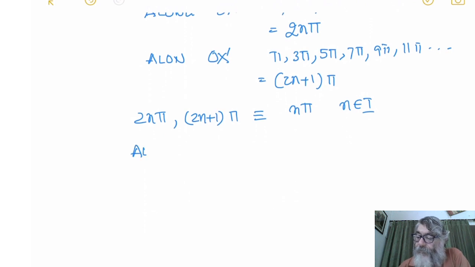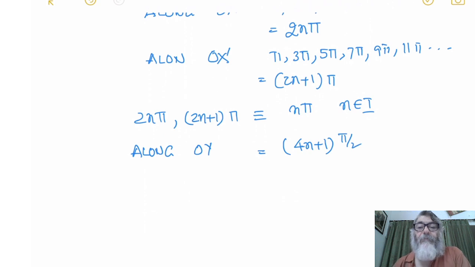Along OY, we had told you we will get 4n plus 1 pi by 2. Odd multiples of pi by 2. What kind of multiples? 4n plus 1 is an odd multiple.